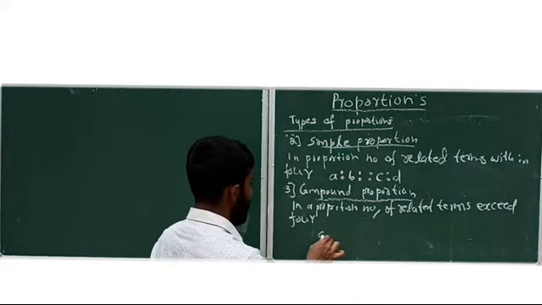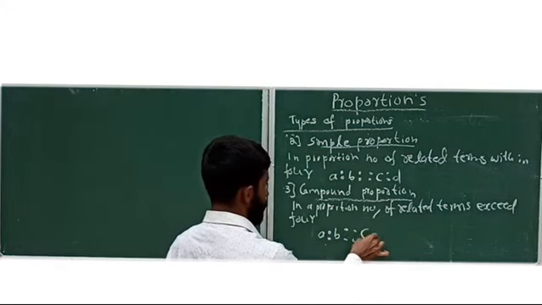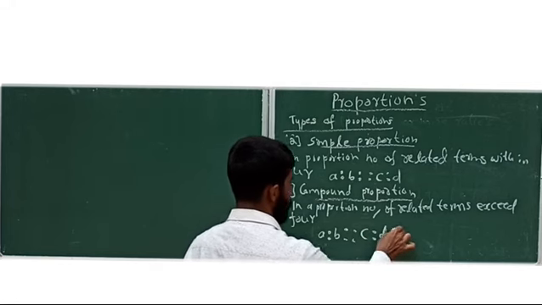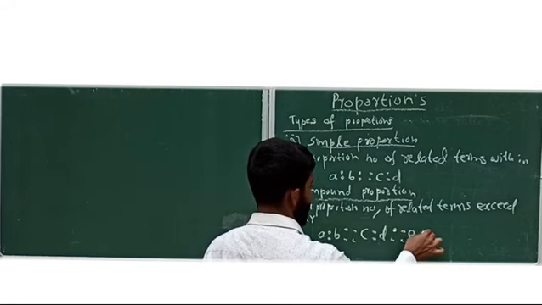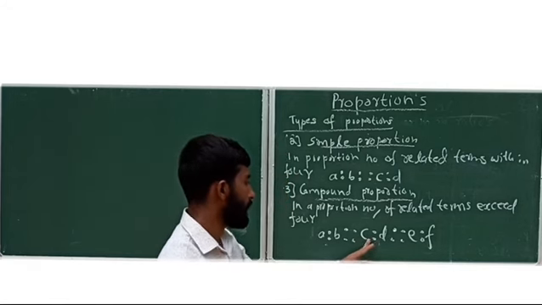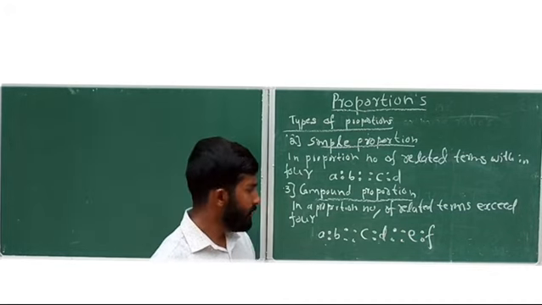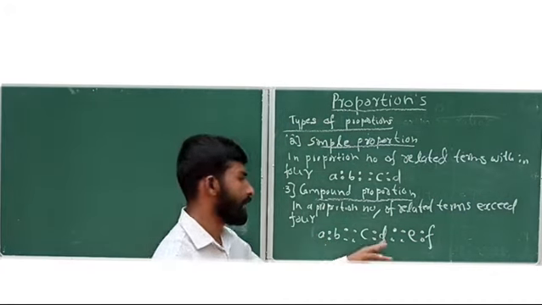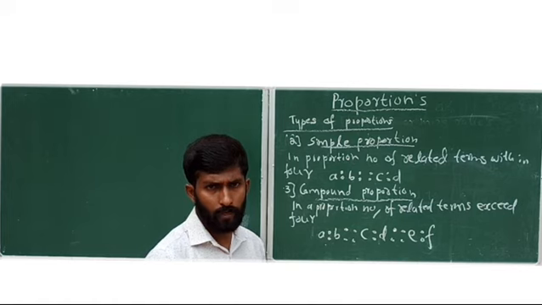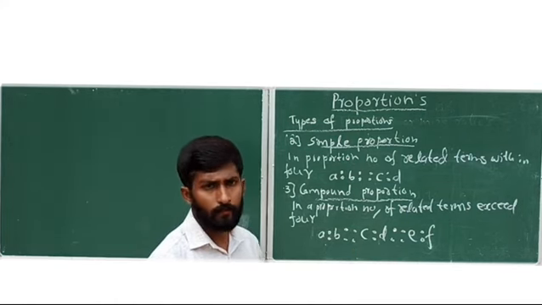For example, A ratio B proportional to C ratio D proportional to E ratio F. A is to B proportional to C is to D proportional to E ratio F. In this case, how many terms? Clearly 6 terms are there. It exceeds 4, right? In this case, we call it the compound proportion.